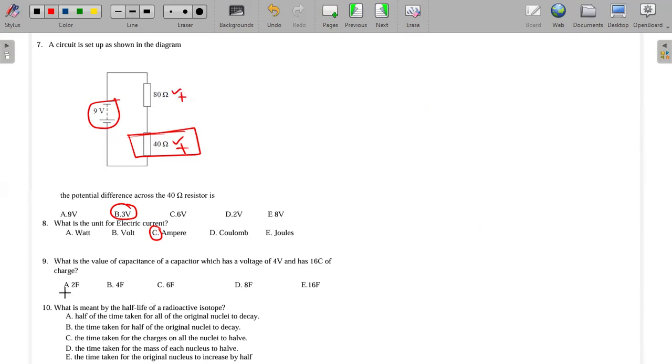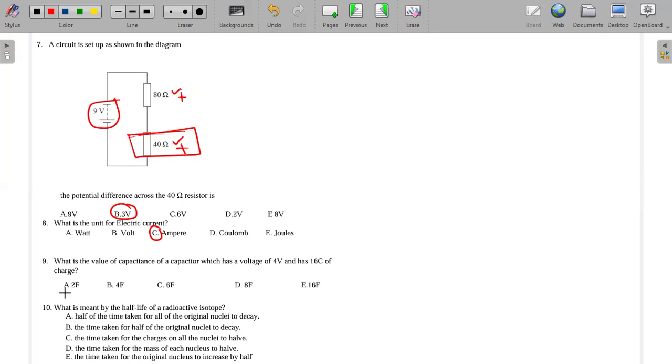All right. Question 9 is saying, what is the value of capacitance of a capacitor which has a voltage of 4 volts and has 16 coulombs of charge? So this is a question about capacitance.